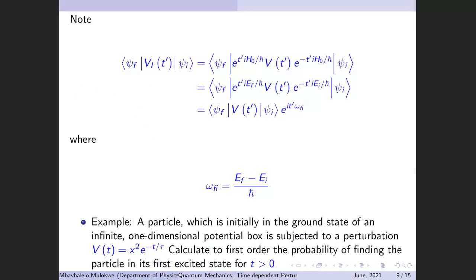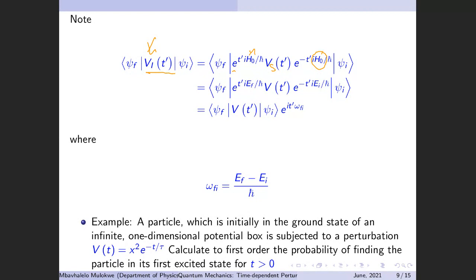That arises because we were working in the interaction picture. So you write out what the interaction potential would be in terms of the potential. It's being evolved by the unperturbed Hamiltonian.